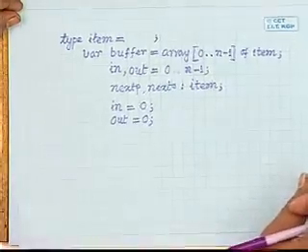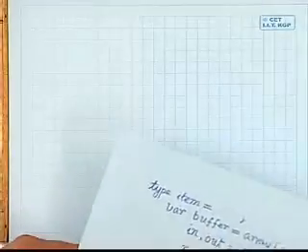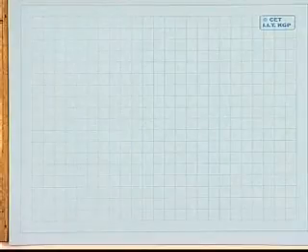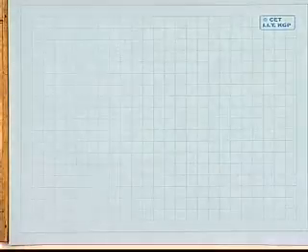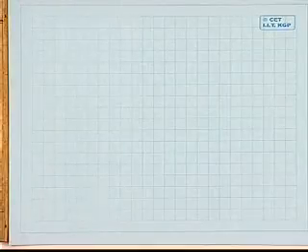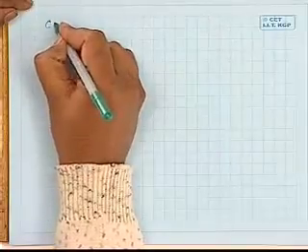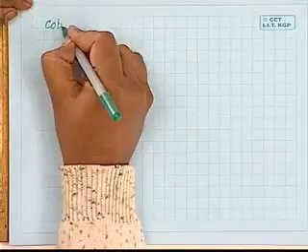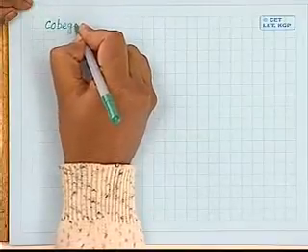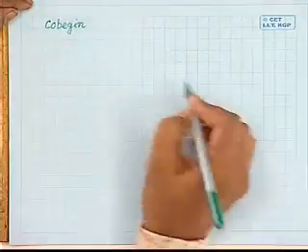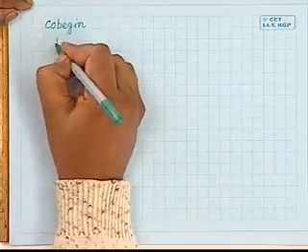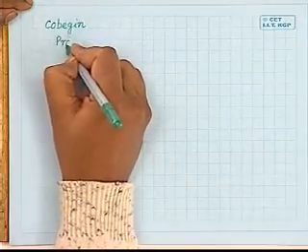The code will be placed under a co-begin and co-end structure. So we'll put co-begin. Under co-begin, let us first write the code for the producer process.